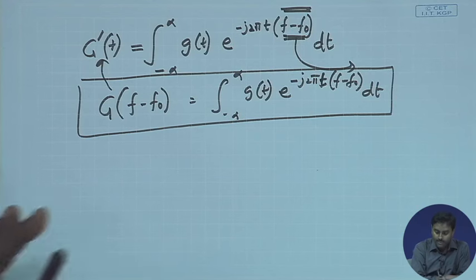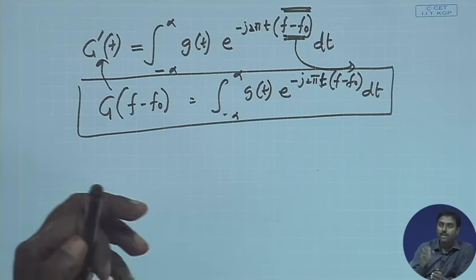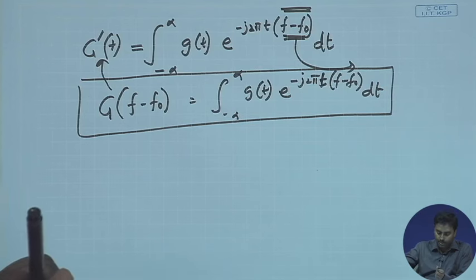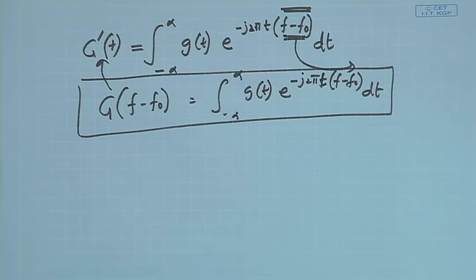So, what we are seeing is that if we multiply a signal with an exponential e to the power j 2 pi f0 t, the frequency f0 just translates the spectrum to that particular place. Okay. So, this is pretty understandable. Now, we will try to see why exactly this is a very fundamental property for communication in the next class.